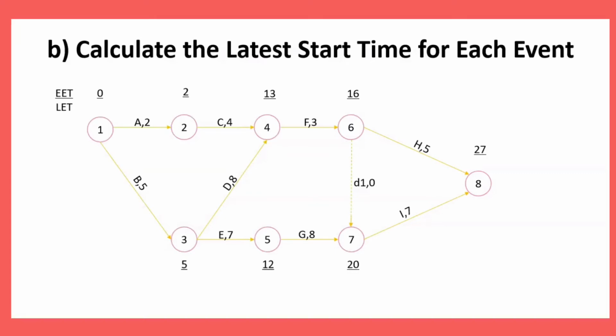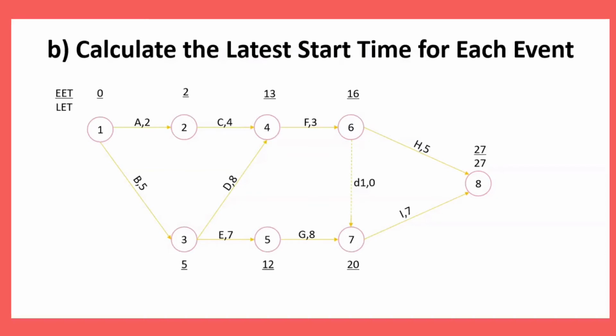Based on the previous diagram, the last node is 8 and its EET is 27. So, the LET of node number 8 is 27, as the LET starts from the last node's EET. Next, we will calculate the LET of node number 7.